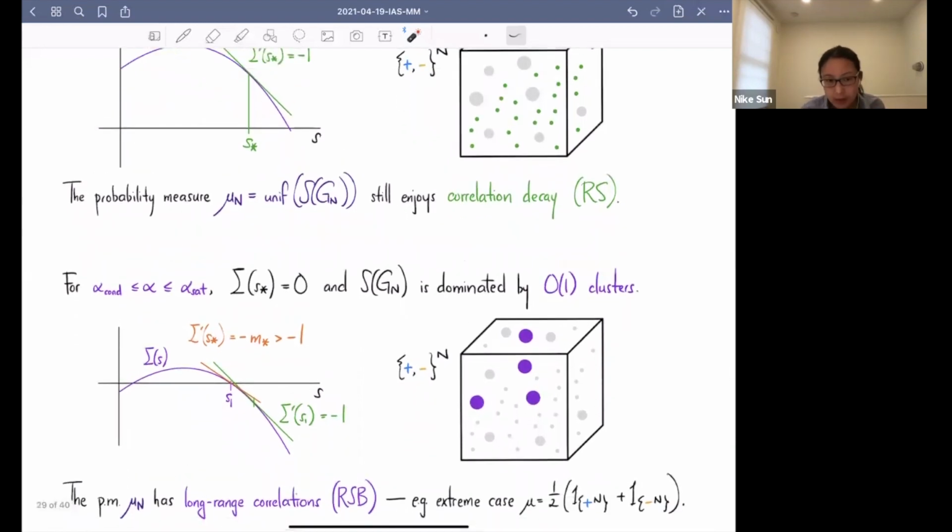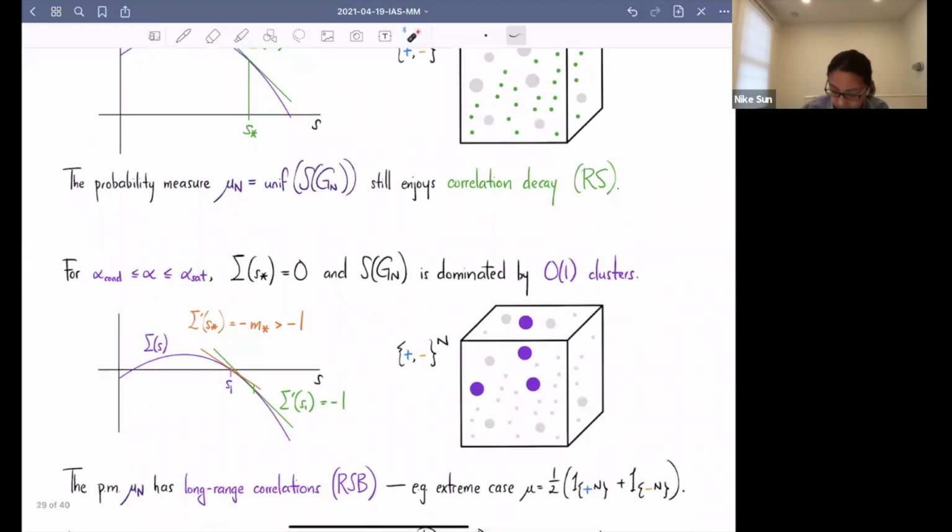In this case, it's no longer reasonable to expect that you would have correlation decay. The reason is that you can think about the extreme case where you just had 2 clusters in your measure and say that they were both very small clusters. Maybe in the extreme case, each cluster is just a single point. Maybe one of the clusters is centered at the all plus configuration, and the other at the all minus configuration.